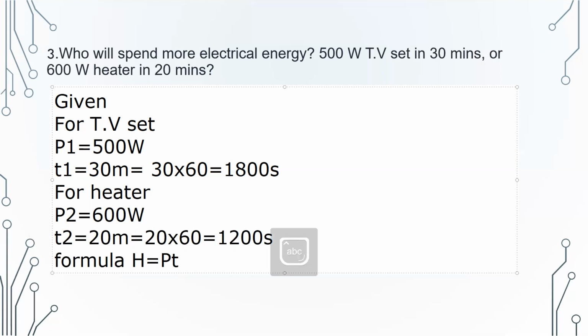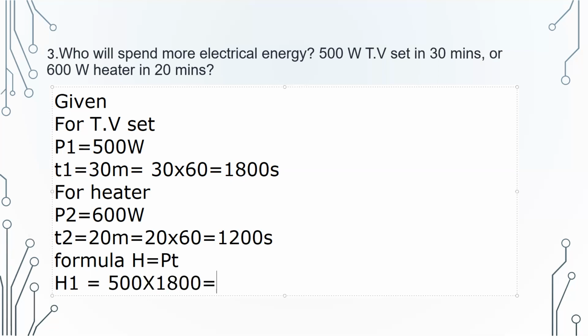Okay. So H1 is equal to, for TV set, H1 is equal to P1 into T1, that is 500 into 1800, that is equal to 18 5s are 90 and then 4 zeros.